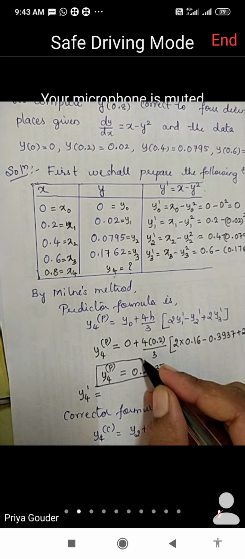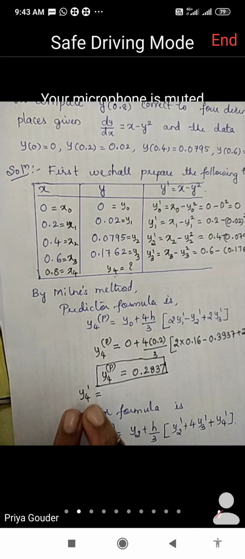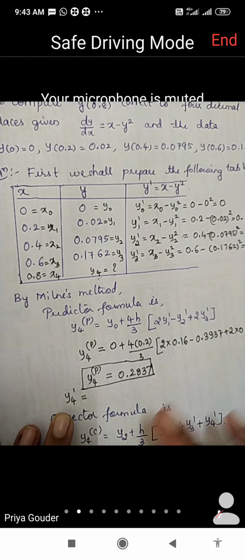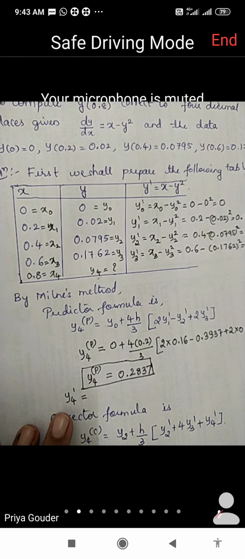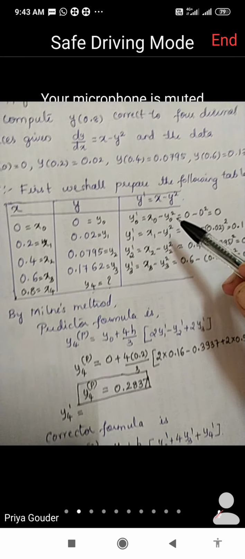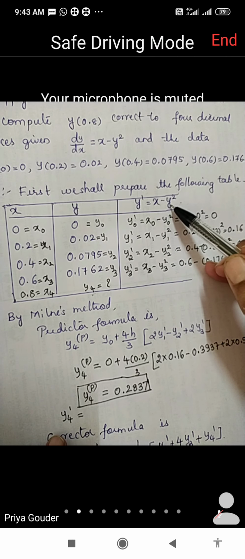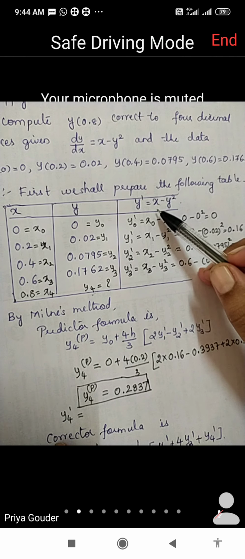So here what we calculate now is y4 dash. How can we calculate it? Do you have any formula, or you can say the expression, for y dash in the problem? What is y dash given? X minus y square, correct? So that we have to calculate now.